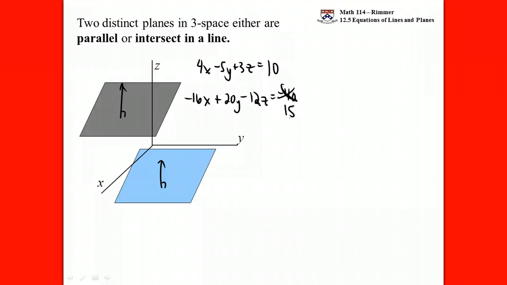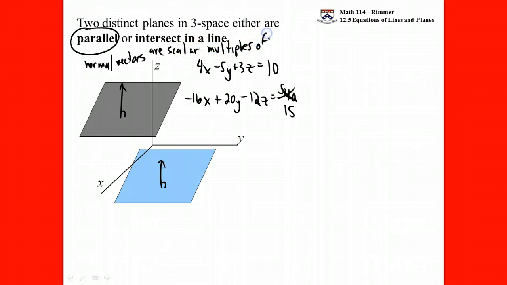The directions of their normal vectors are scalar multiples of each other. When you're parallel, your normal vectors are scalar multiples. It's a visual thing. You should be able to look at the normal vectors and just eyeball it and know, yeah, I just take this one and multiply by negative 4. That's how I get this other one. That's all it is.